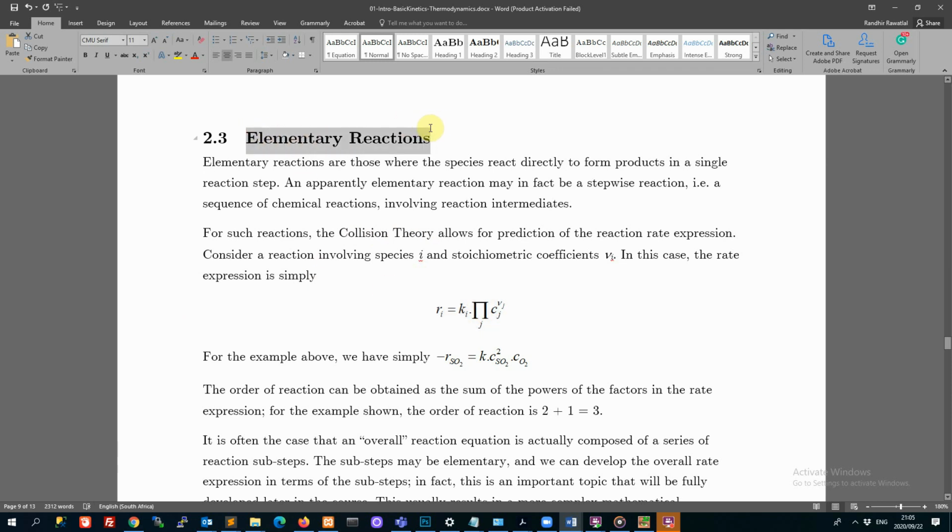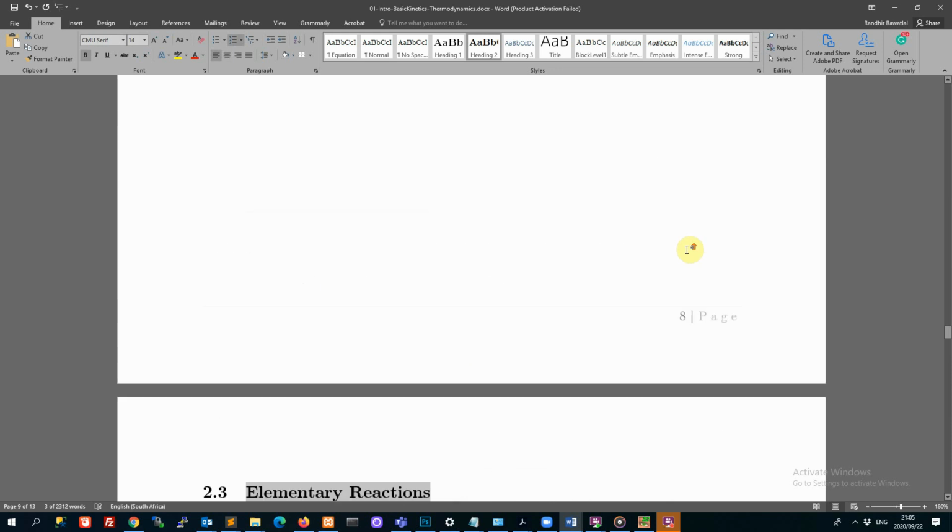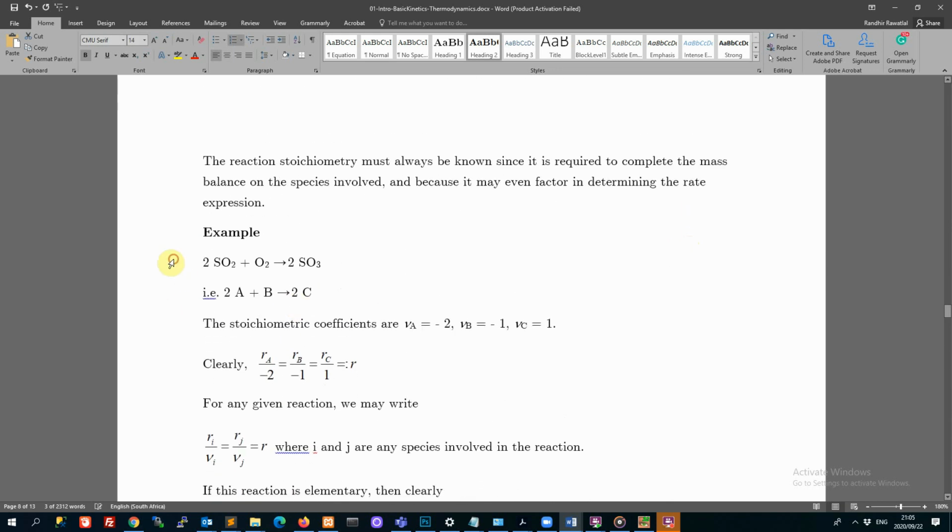By elementary reactions, we mean that when we say that this is the reaction, we are saying that this is exactly what happens, that one or two molecules of A combine with one molecule of B, and they give us two molecules of C. That's the smallest set of steps we can come up with. We are saying that there isn't any subdivision of these steps possible.